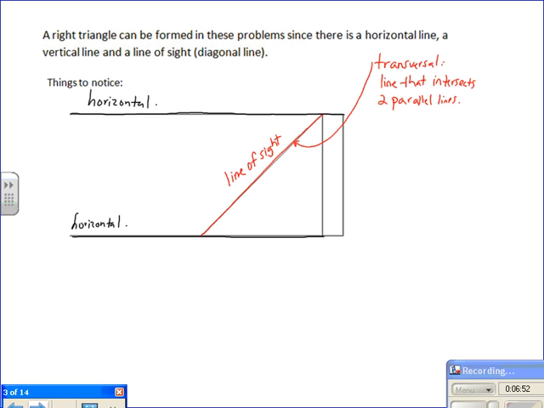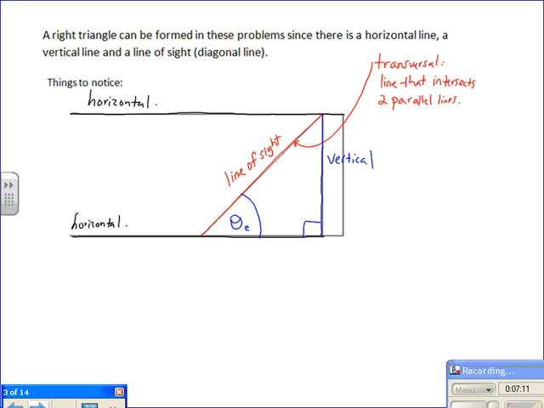We can connect the two horizontal lines anywhere here with a vertical line. So there's a vertical line, which gives us a right triangle down below. There's a 90-degree angle between the horizontal and the vertical line, and our angle of elevation is right here.